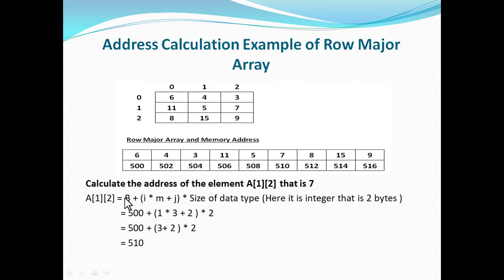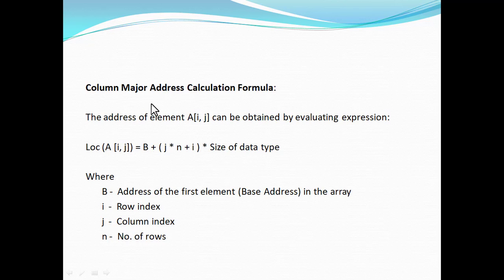By using the formula b plus (i into m plus j) multiplied by the size of the data type, here the base address is 500, i is equal to 1, m is equal to 3, j is equal to 2, and the size of the data type, here it is integer, so multiply by 2. If we calculate, we will get 510, which is represented here.